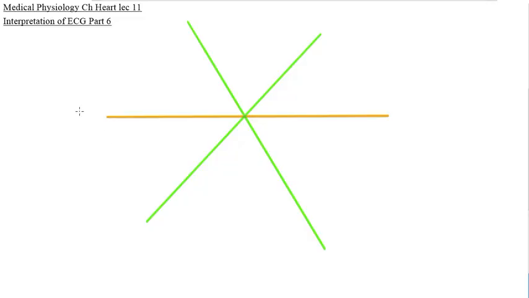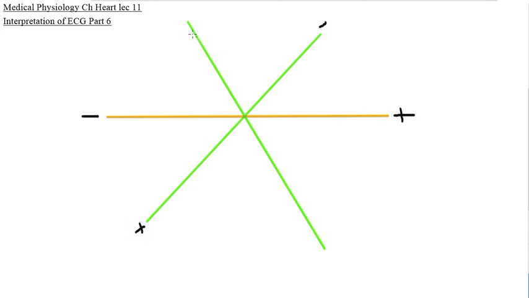For drawing the resultant QRS vector for diagnosis of the electrocardiography, first you must know about the axis of our electrocardiographic leads. This is lead 1, negative terminal, positive terminal. This is lead 3, negative terminal, positive terminal.